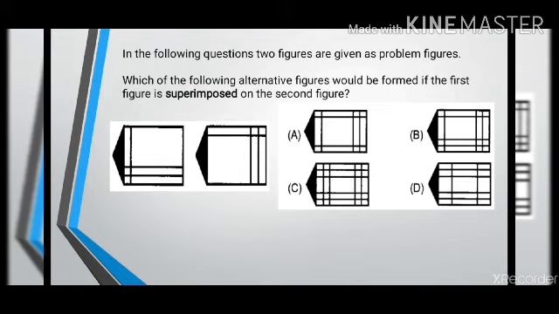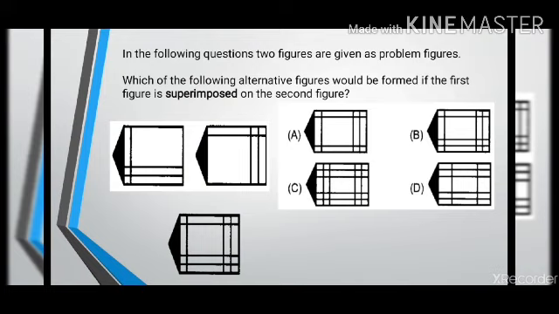So what exactly you have to do is, when the figure is the same, for example here the dark triangles are the same, when they superimpose, you will get the same figure. Therefore in all the options A, B, C, D, you are getting the same triangle figure that was originally there in the question figure.